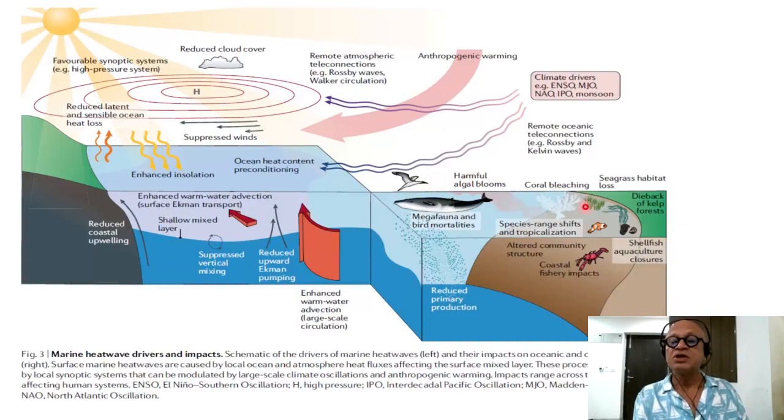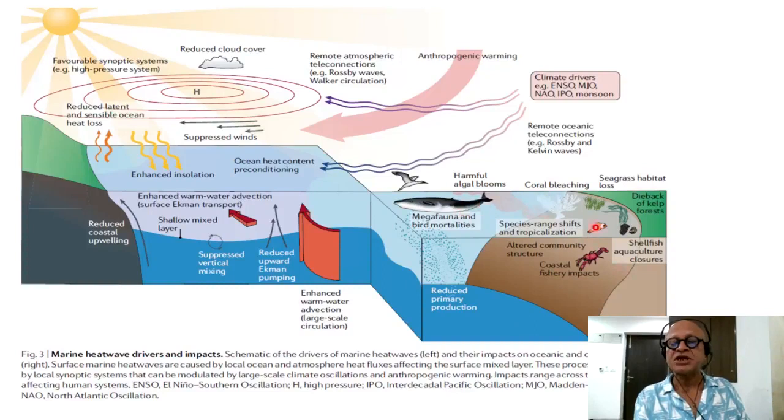For example, you can have coral bleaching, species range shifts, and tropicalization when the waves associated with El Nino can propagate all the way up the Central American and North American coast into the Gulf of Alaska, for example. You have altered community structure, coastal fishery impacts, shellfish aquaculture closures, dieback of kelp forests, seagrass habitat loss, and so on.